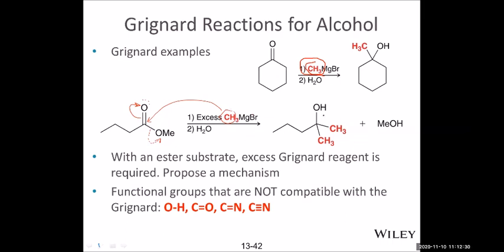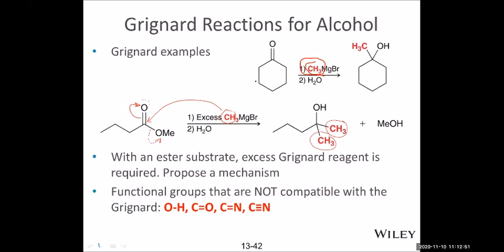So in the end, there'll be two alkyl groups from the Grignard reagent added on the carbon. So the final product also gives us the tertiary alcohol.